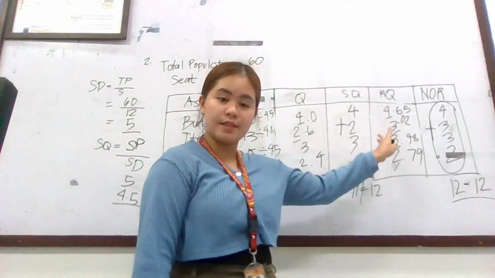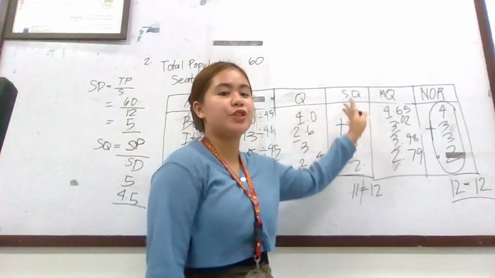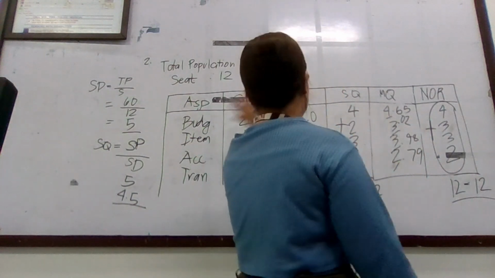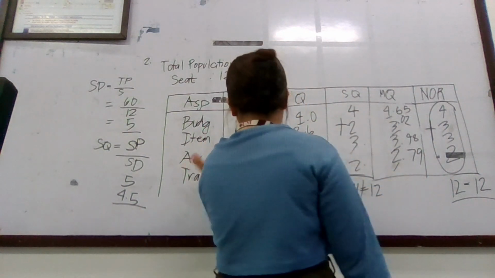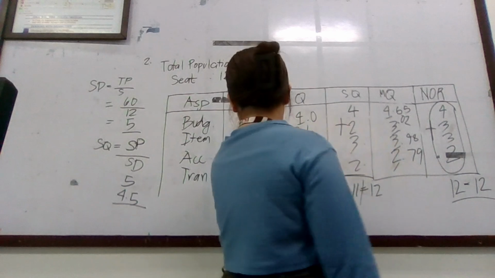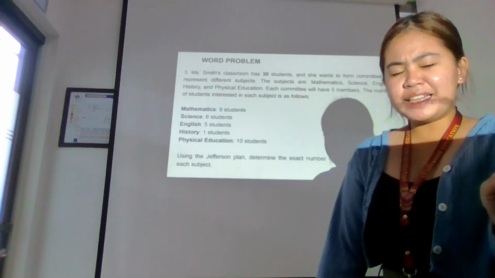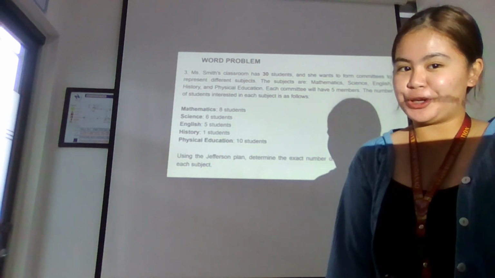This is the final list of the committees which is needed for every aspect. So in budget we have four, in items we have three, and accommodation we have three, and the transportation we have two. I think number two is just too easy for you.